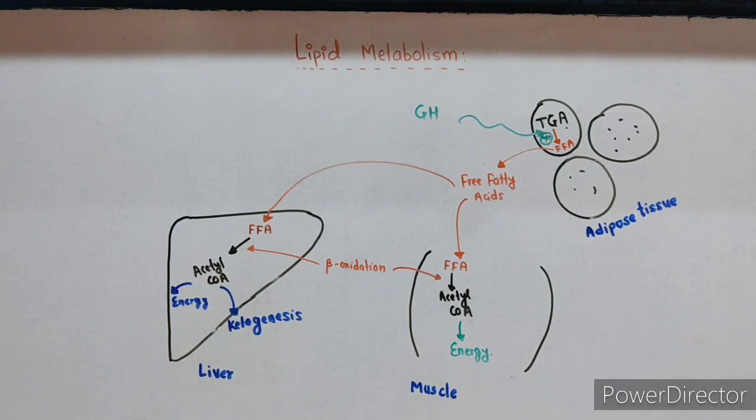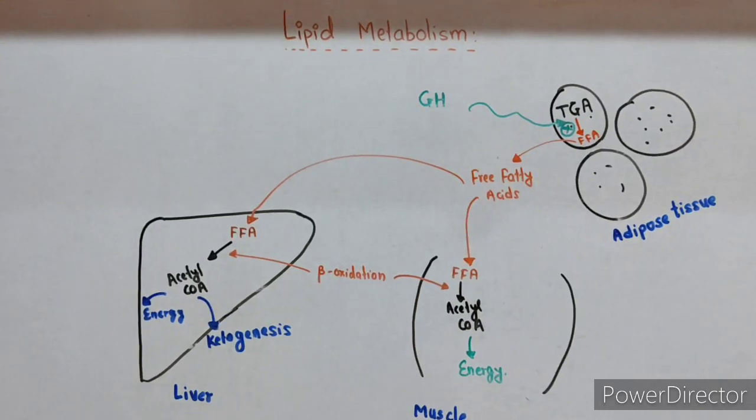First, it can go into the Krebs cycle to produce energy, and next, acetyl coenzyme A can produce different ketone bodies like acetoacetate, beta hydroxybutyrate, and acetone. But in muscles, ketogenesis does not take place. So if there is excess growth hormone, as in acromegaly, there can be a ketogenic effect, that is, there may be elevated ketone bodies in the blood.